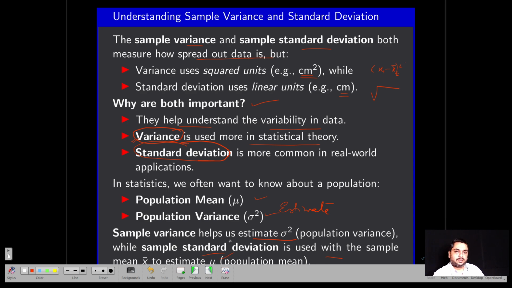These are the things we will learn in the central limit theorem. Basically, you are estimating the population mean with some error. This error is based on S, the sample standard deviation, or sigma, the population standard deviation. Based on these two, we are going to estimate this. This is the goal of statistics.